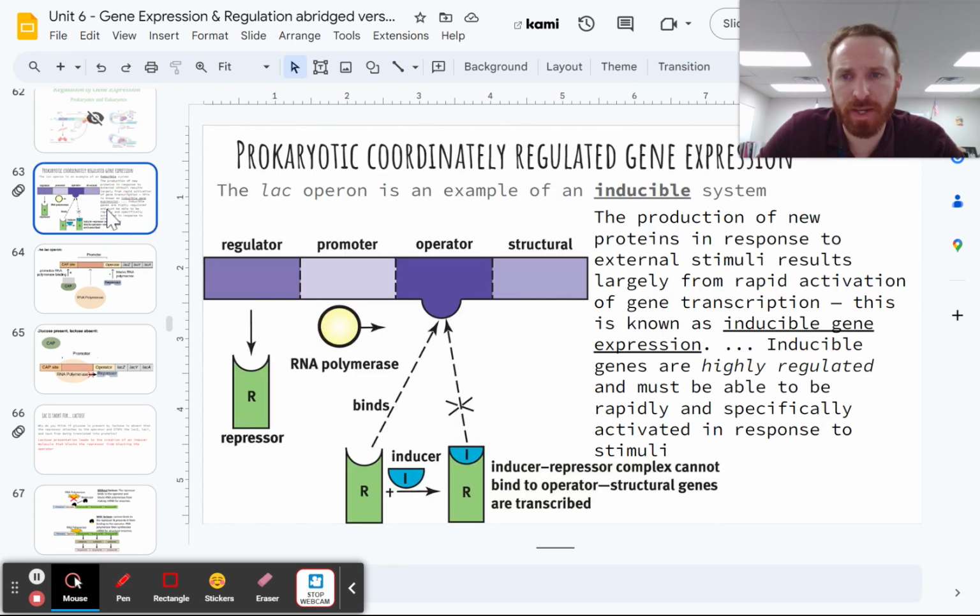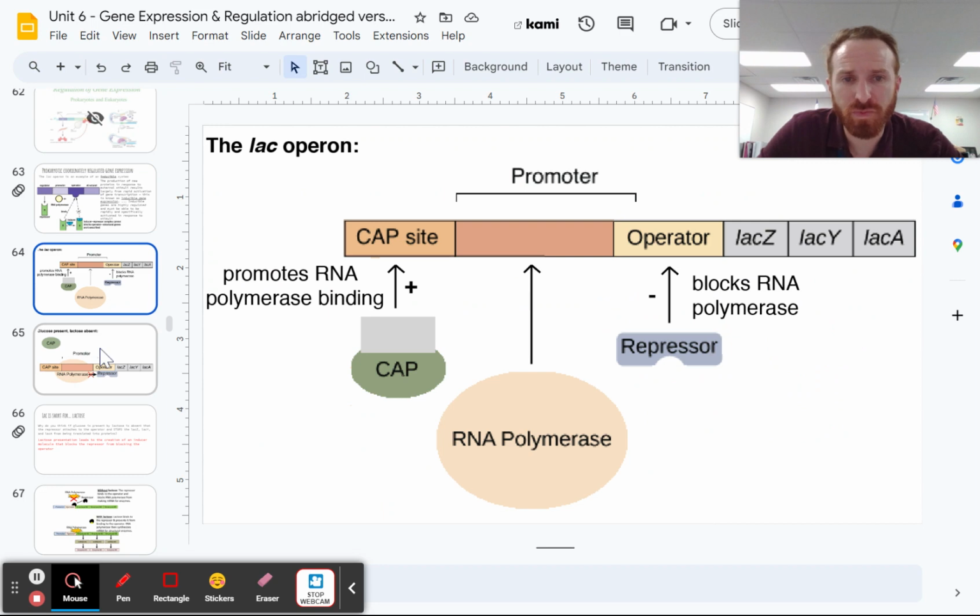You can see here the prokaryotic coordinately regulated gene expression within the lac operon, which is inducible. Inducible means it's got to have something that attaches to start the transcription process and then make the proteins. Whereas if something's repressible, like the trp operon, it has to have something that attaches at the operator and stops it.